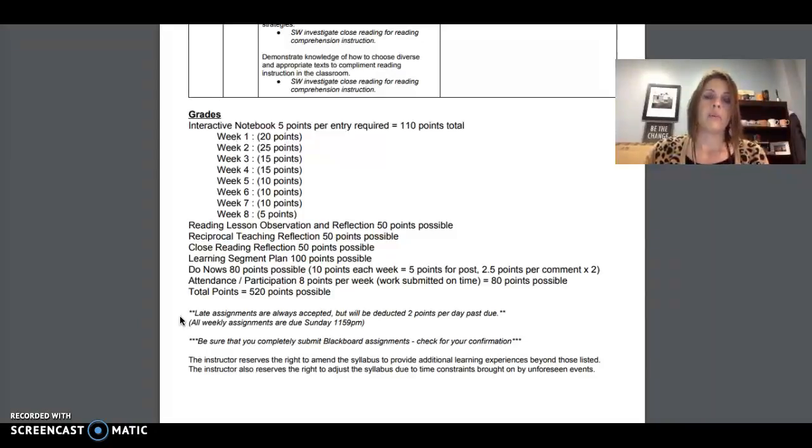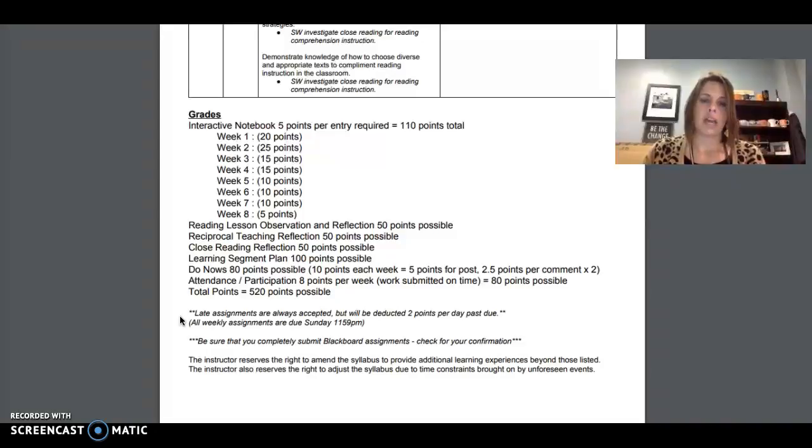And then weeks 5 through 8 are going to be due that Sunday at 11:59 in the 8th week. So we'll have everything due at midterm and everything due at final.